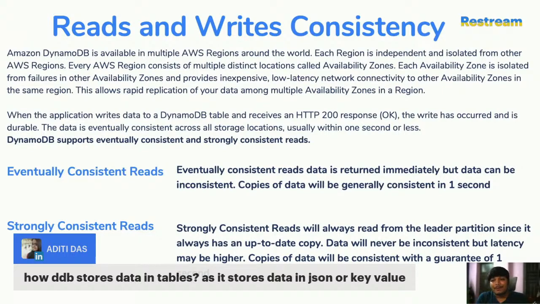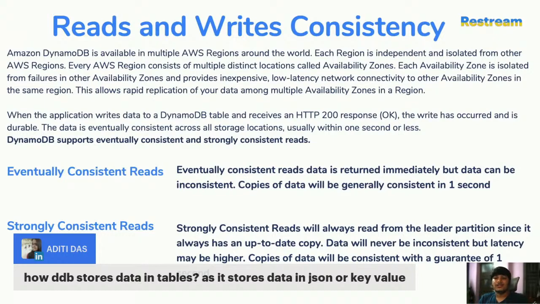Now when the application writes data to a DynamoDB table and receives an HTTP 200 response code, which, if you know HTTP codes, means the data is stored successfully, then the write occurred and it's durable. The data is written in DynamoDB and gets replicated to all the availability zones.